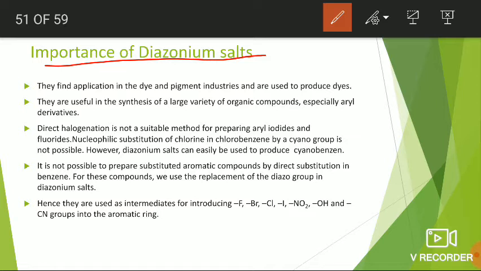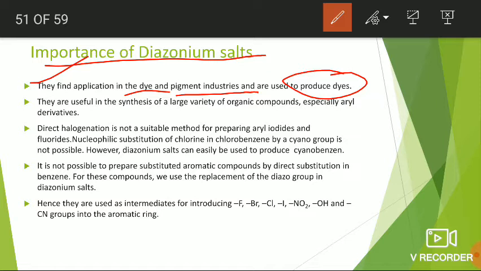These diazonium salts have a lot of applications in synthetic organic chemistry. Some of the applications of diazonium salts: the first one is in the dye and pigment industry, because we can convert diazonium salts into various dyes.